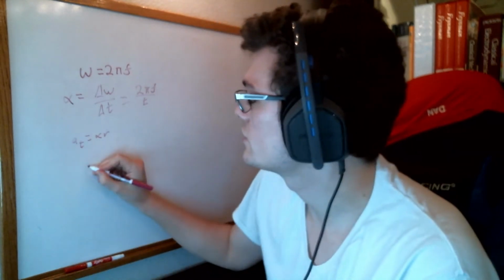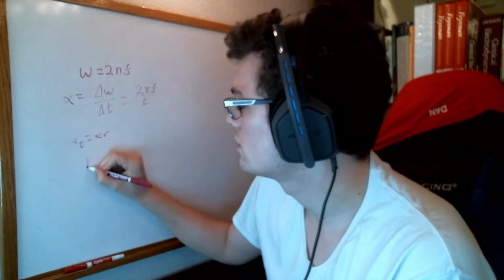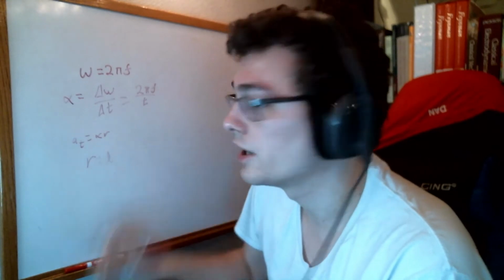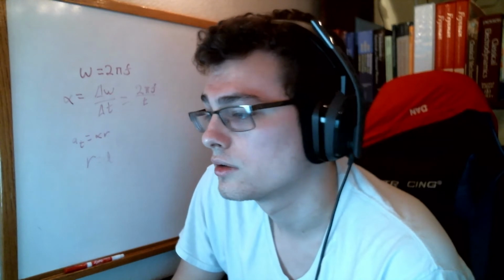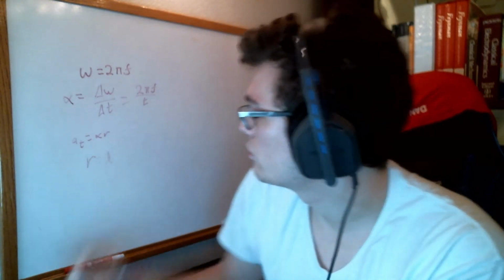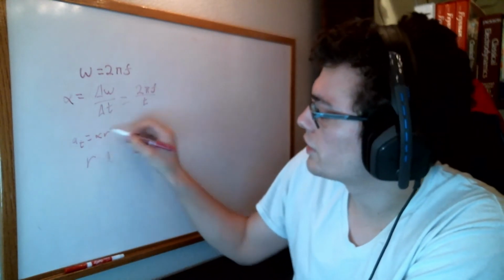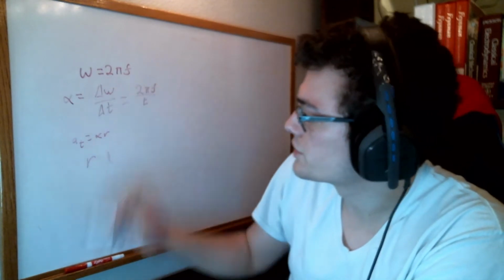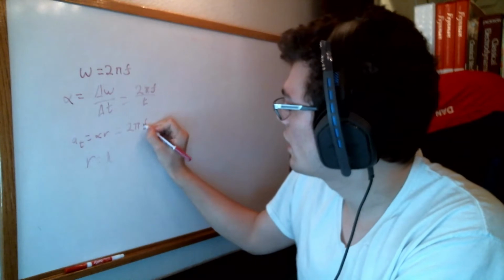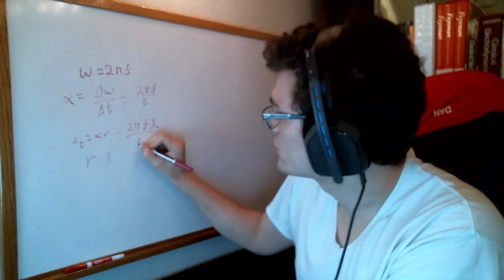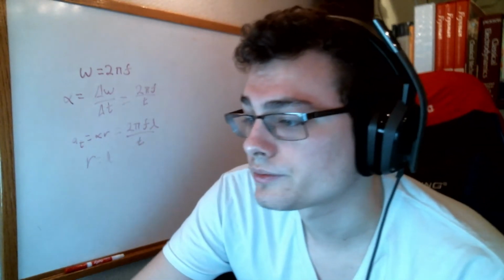And in this case, R is going to be equal to L. And then you just have to plug in your answer from the last one, and we're going to get that this is 2 pi f L over t.